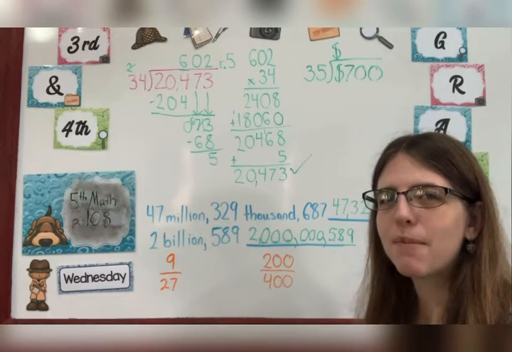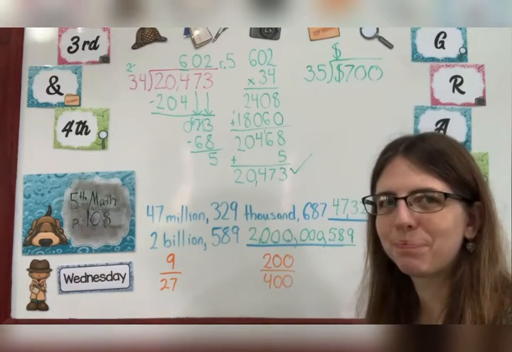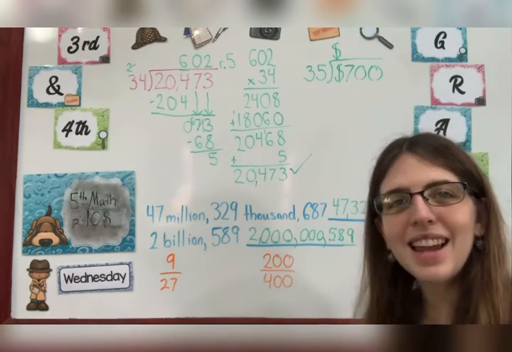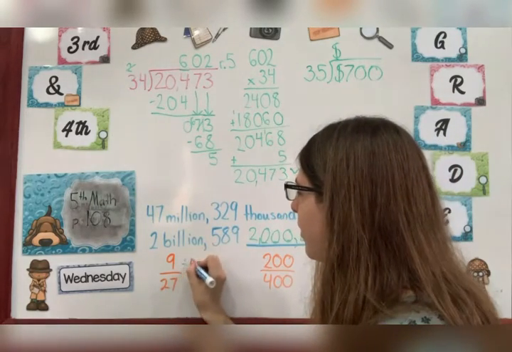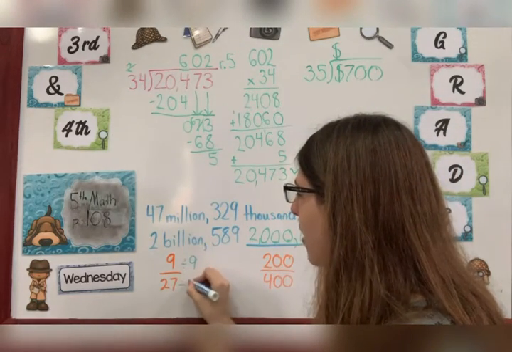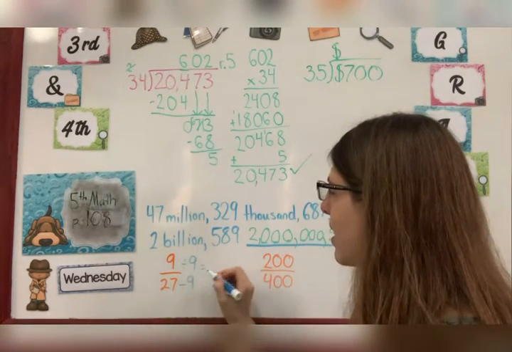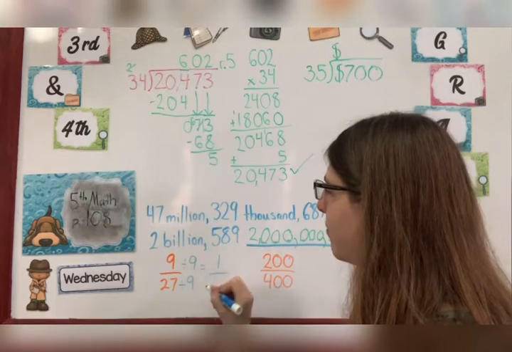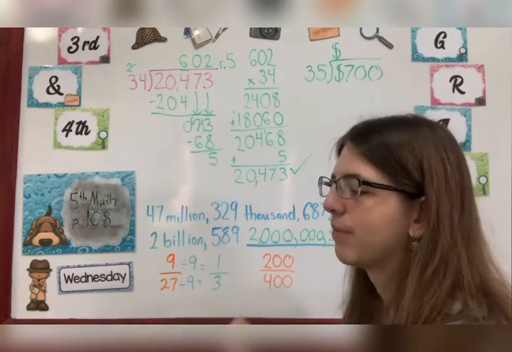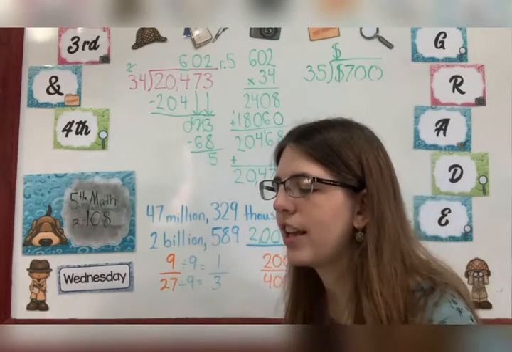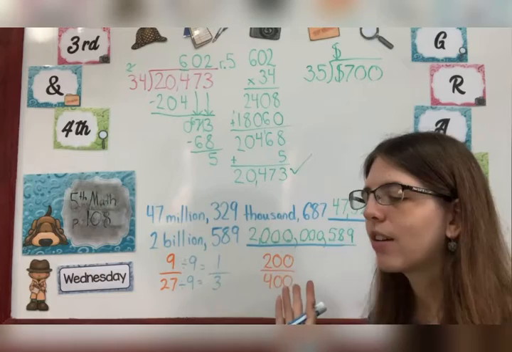What's the biggest number that you can divide both 9 and 27 by? 9, very good. So I divide both the top and the bottom by 9. 9 divided by 9 is 1. 27 divided by 9 is 3. So now you'll find 1/3 in the second column and you'll draw a line to the 1/3.